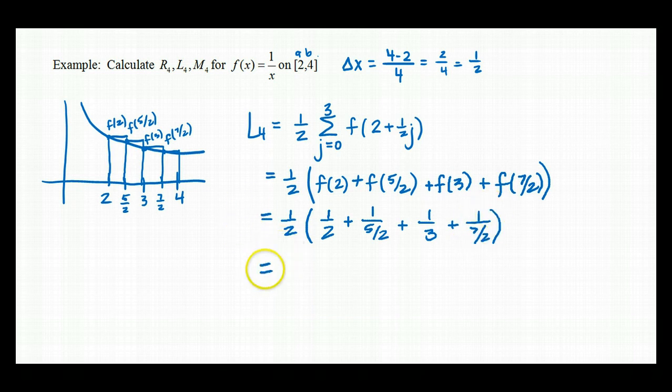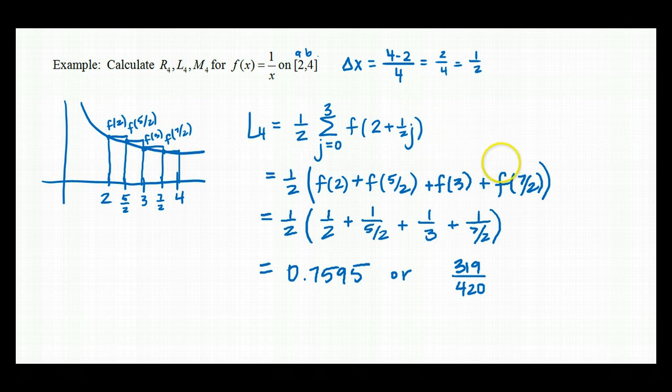And using my calculator, I get as a decimal 0.7595 or as a fraction 319 over 420. So both of these are the exact answer, so either of these will do. Whenever possible, use an exact answer, but both are exact, so either is fine. So these are approximations, which you can tell are going to be an over approximation to the actual area under the curve that we're trying to find.